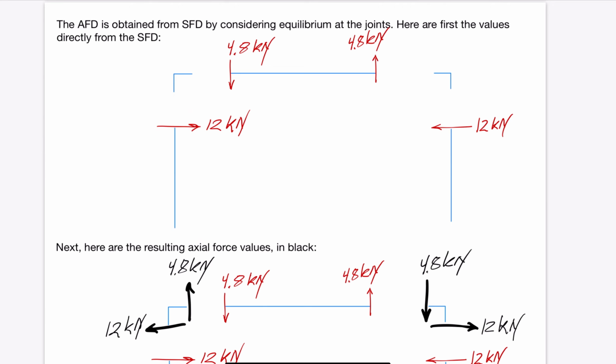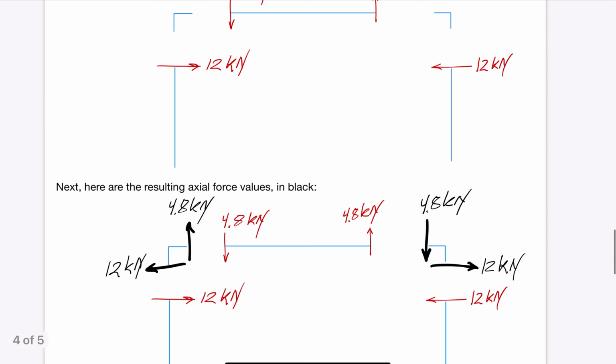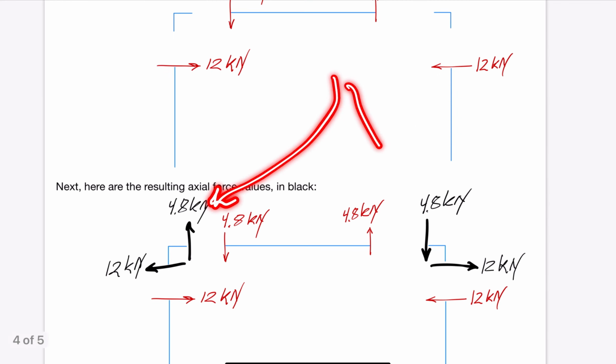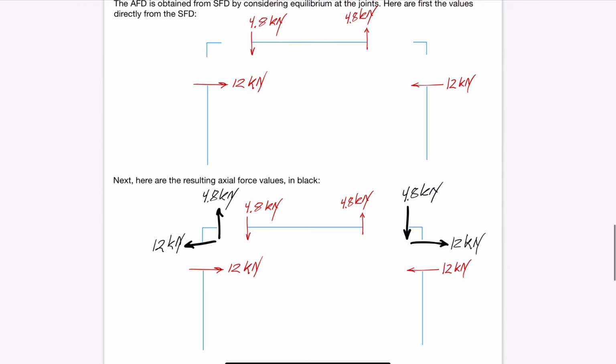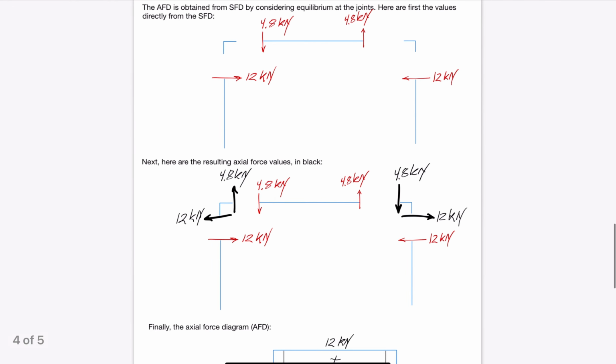Do you see how the negative counterclockwise shear force in the beam gives these arrows? Similarly, here is the 12 kN negative shear force at the top of column CD. The black arrows in this figure represent the equal and opposite forces acting on the joints. This transfer of forces from the member ends to the joint is a reflection of Newton's third law, as we saw in an earlier video.